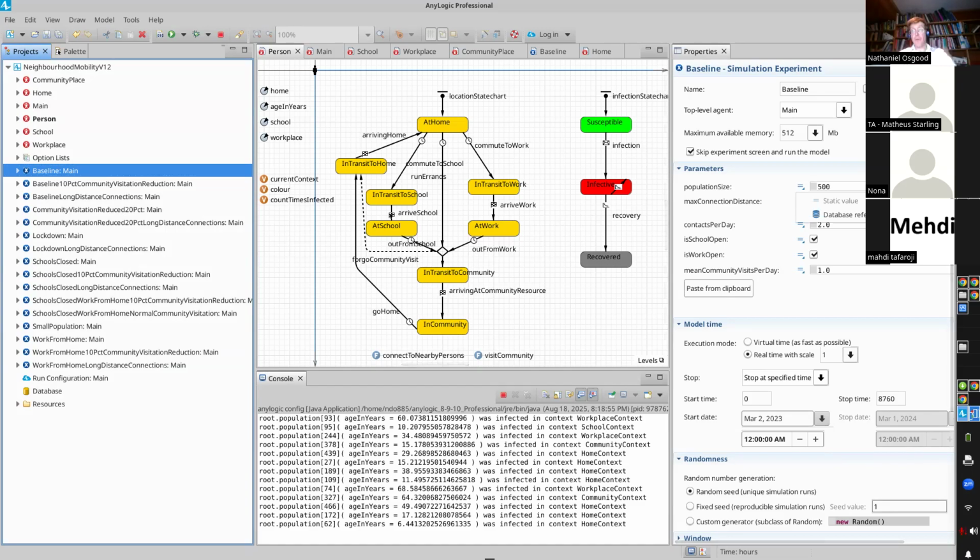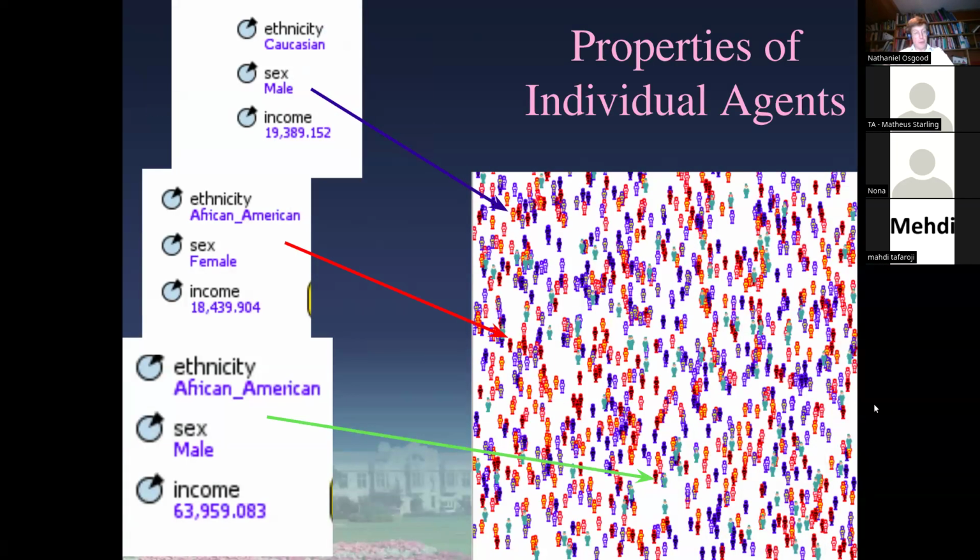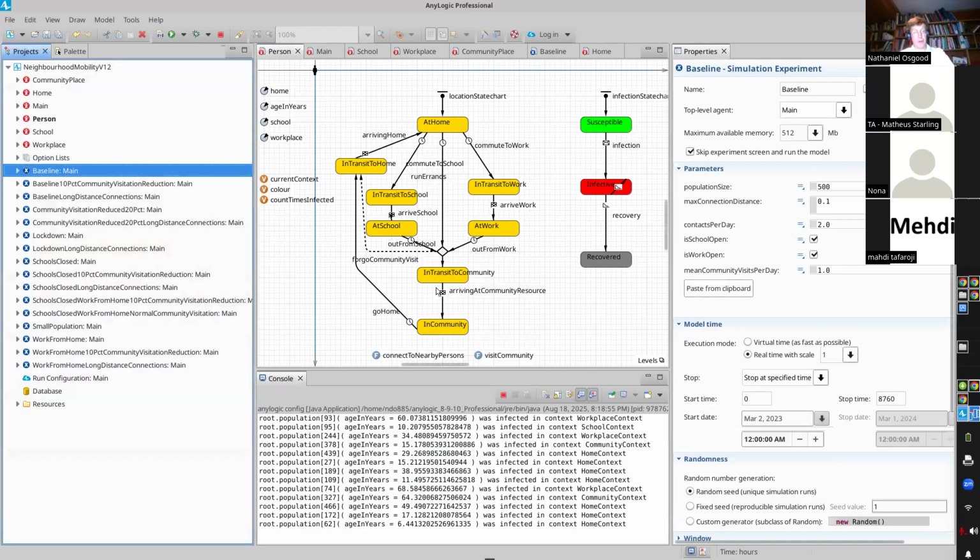Feel free to put forward questions if you'd like to ask any. So individual people will have particular values for their home, their school, their workplace, their age and years.